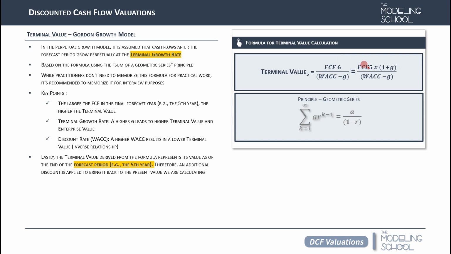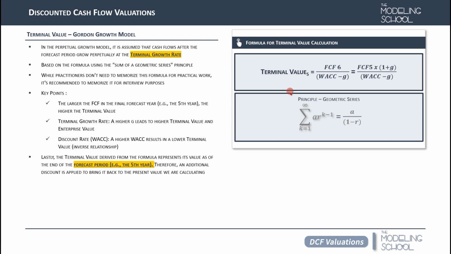And secondly, there's a growth rate G. Because it's a positive item in the numerator and a negative in the denominator, the larger the G is, naturally it's going to lead to a higher terminal value. And lastly, WACC, the discount rate: the higher it is, the lower the terminal value will be. So I think understanding the formula's implications to this extent should be sufficient.